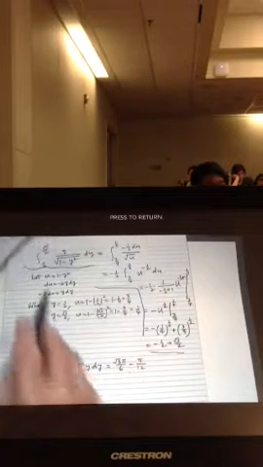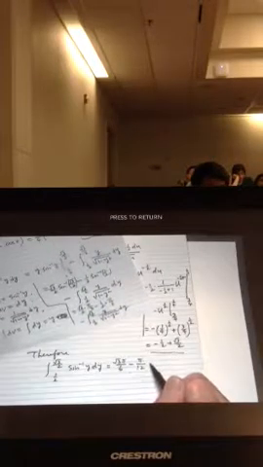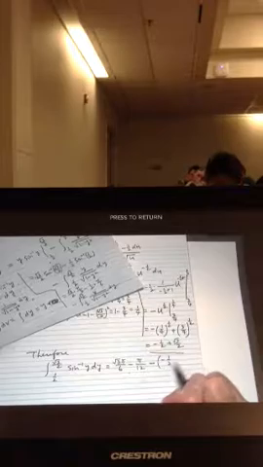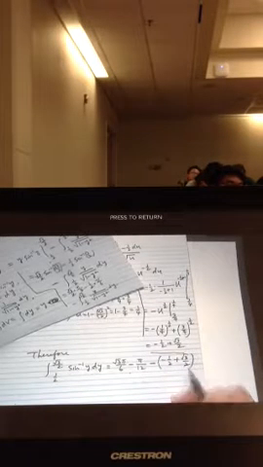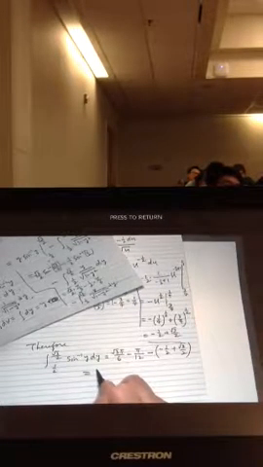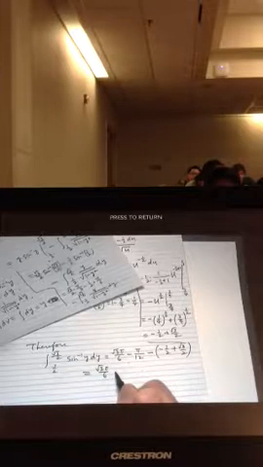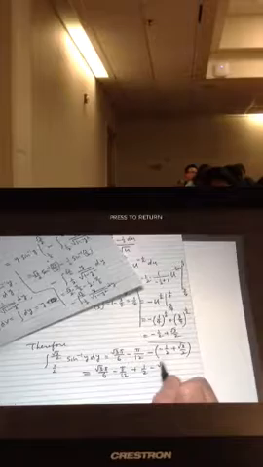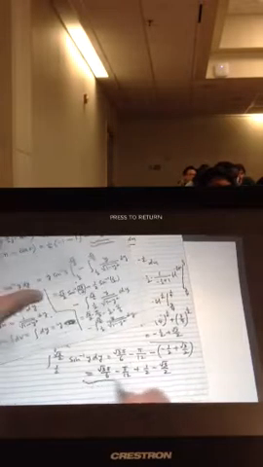And this integral I just found out, it is this number. So minus this integral, minus 1/2 plus square root of 3/2. So, alright, the final answer is this minus pi over 12 plus 1/2 minus square root of 3/2. That's the final answer.